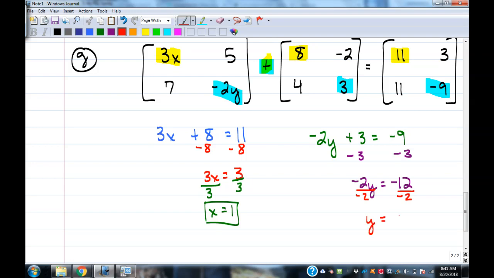Positive or negative 6? Positive 6. And then you can go back and check that in the problem. 3 times 1 is 3 plus 8 does give me the 11 in the right element. Negative 12 plus 3 does give me negative 9 in the right place in the matrix. So matrix equations, not incredibly difficult. You just have to decode what's going on there.